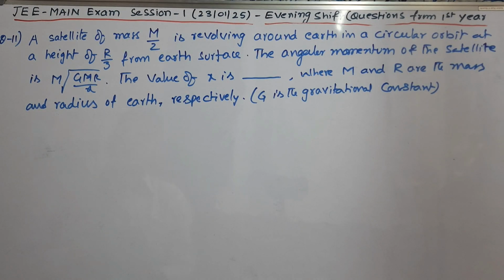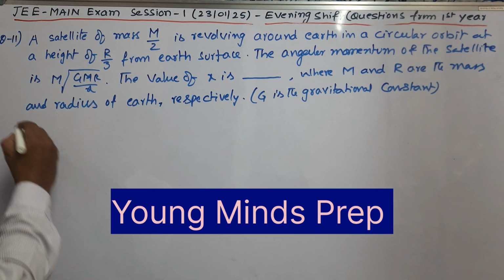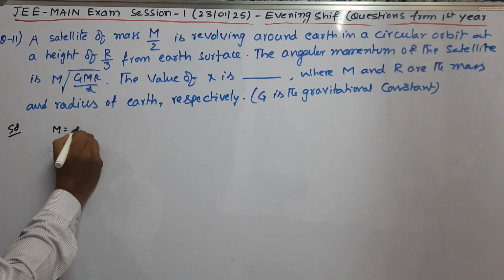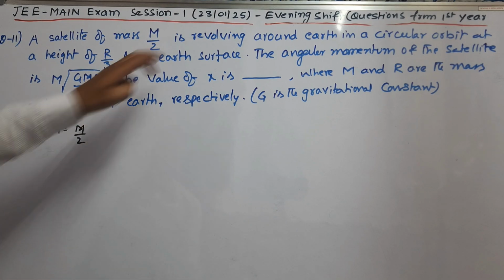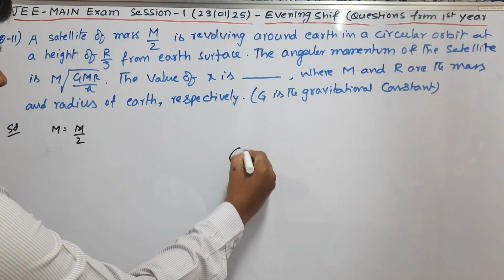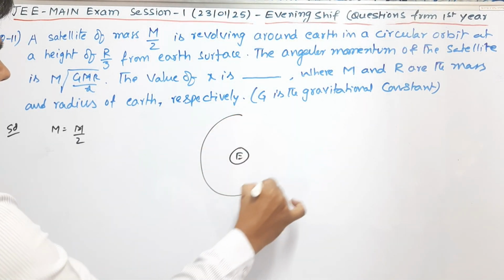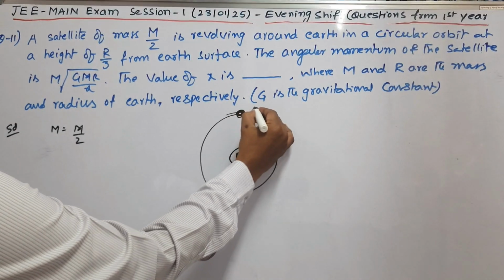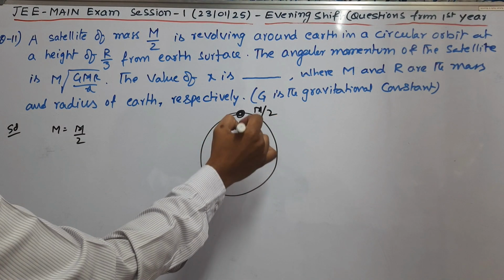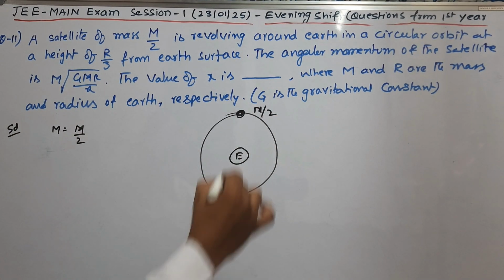The 11th question: a satellite of mass m equal to M by 2 is revolving around Earth in a circular orbit. Suppose this is Earth, and around this Earth a satellite revolves. It is at a height of R by 3.